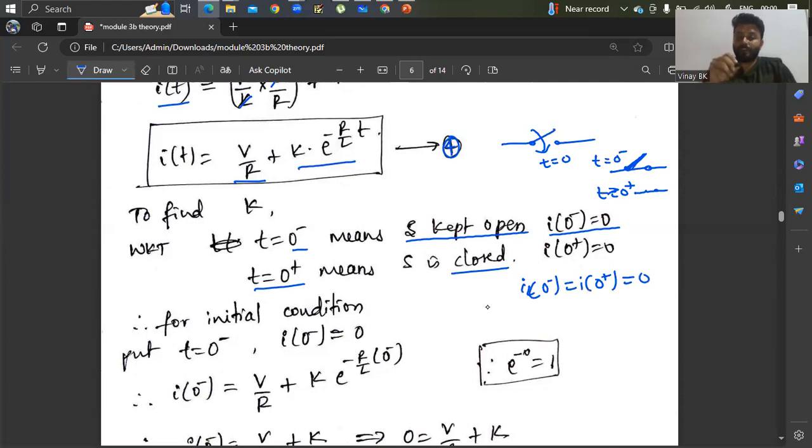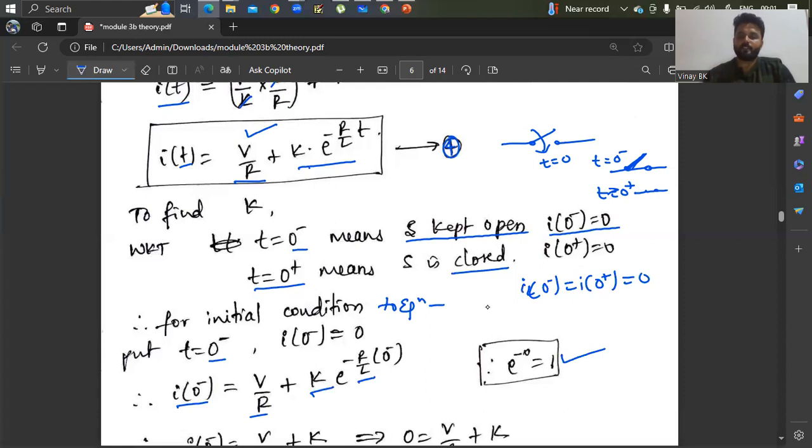For the initial value condition, now put t equals to 0 minus in equation 4. Where there is t, you write minus 0, so that I of 0 minus equals to V divided by R as it is, then k into e to the power minus R by L, where there is t, put 0. e to the power 0 is nothing but 1, so that it will be k.